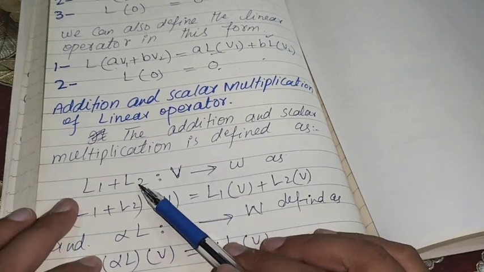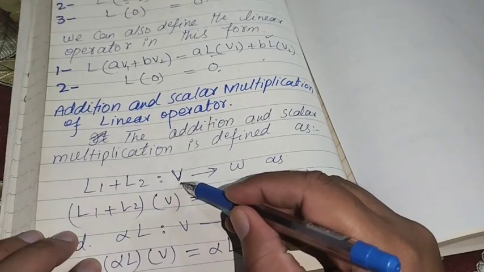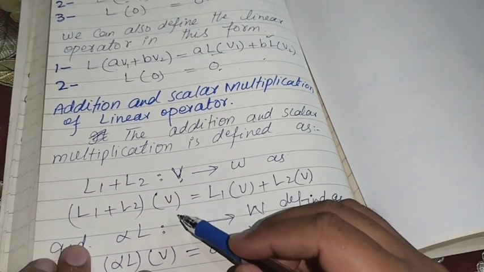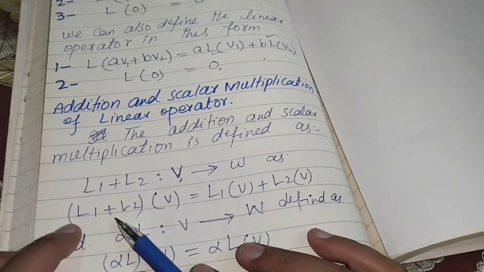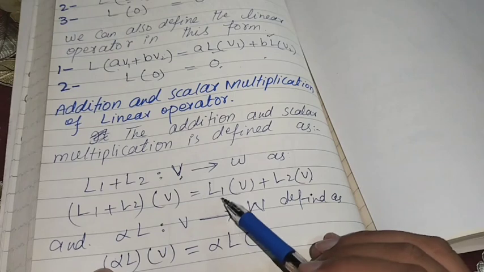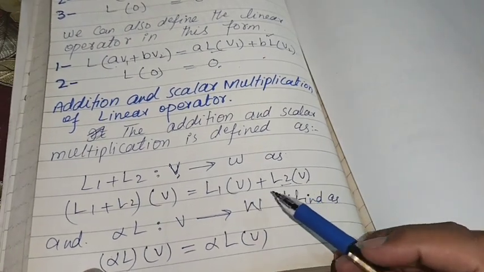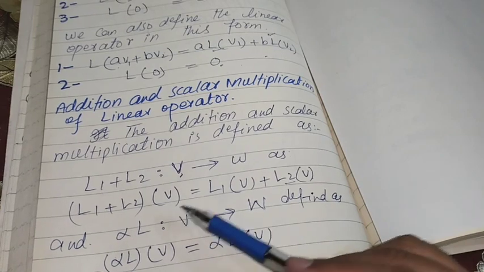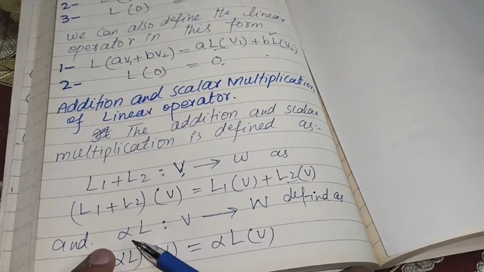When we apply the sum of these two linear operators to a vector of V, the operators are applied separately to the vector, and we write it as L1 of V plus L2 of V.